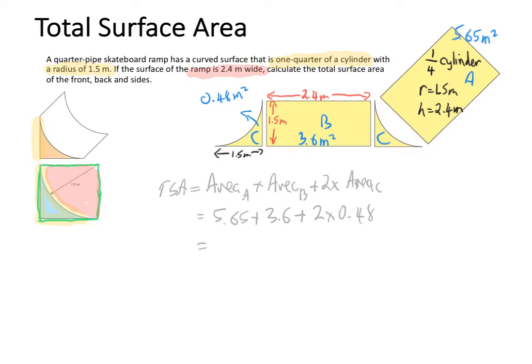So working it out on the calculator, it equals 10.21 meters squared. So the total surface area of the skateboard ramp, including the front, back and sides, is 10.21 meters squared.